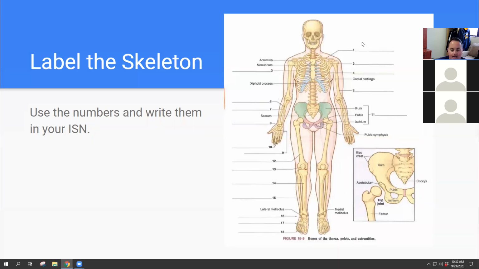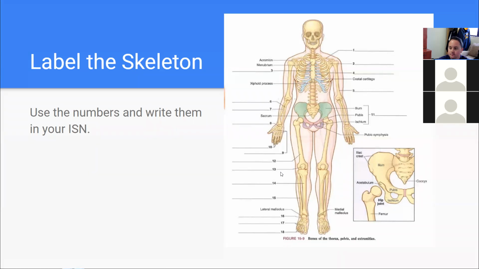Who has another name for the clavicle? Collarbone. Collarbone, exactly, okay? Now, number 13, patella. Natalie, what would you normally call your patella? Your kneecap, okay?